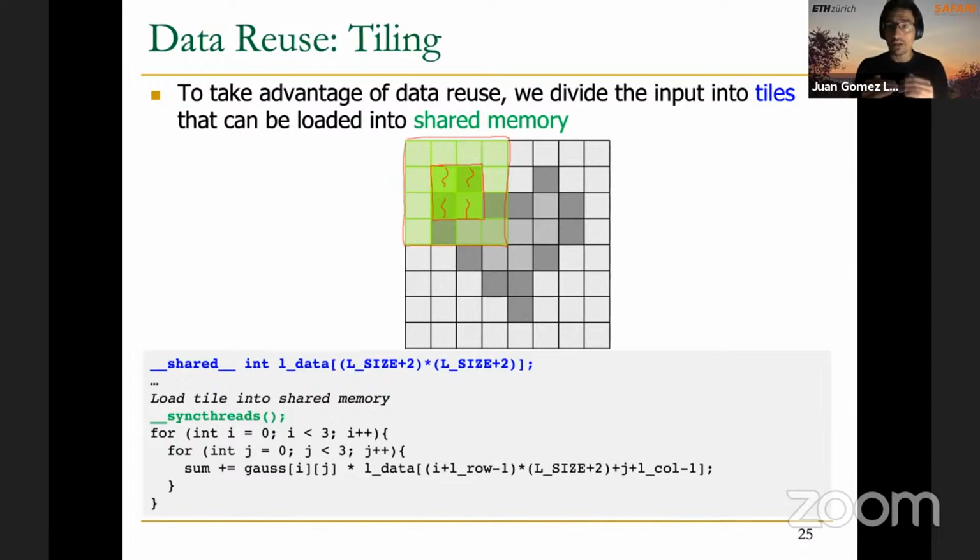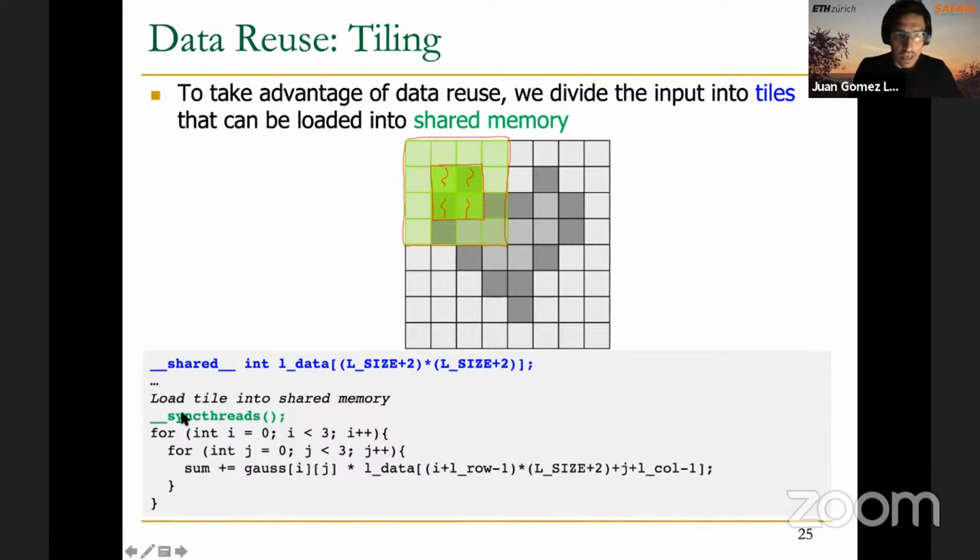But this happens among the threads that are in the same warp. If we have 512 threads per block, this means that we have 16 warps in this thread block. So the instructions for all these 16 warps will be scheduled at different cycles. So they will finish, for example, this operation here, loading the tile into shared memory, at different cycles.